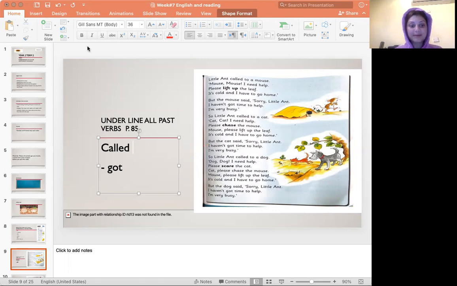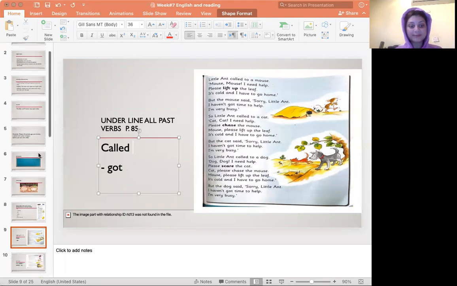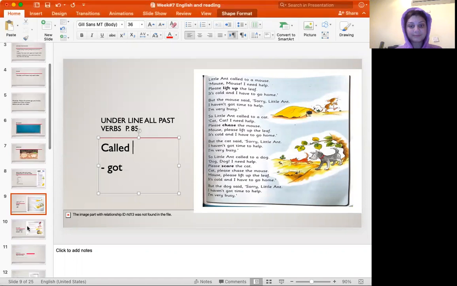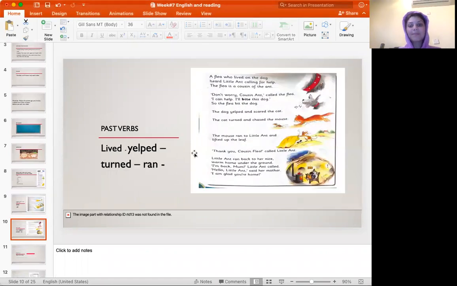Let's see what happened next in our story. A flea who had lived on the dog heard little ant calling for help. The flea is a cousin of the ant. There was a tiny flea living here on the neck of the dog.